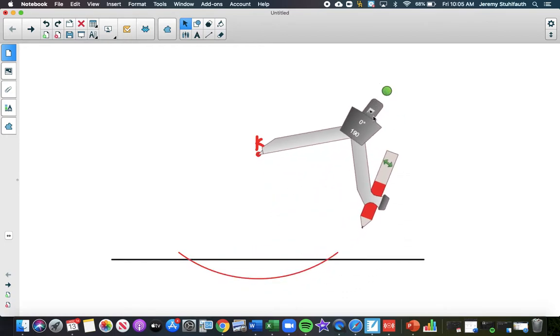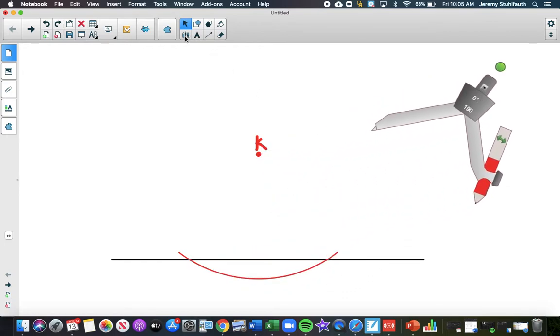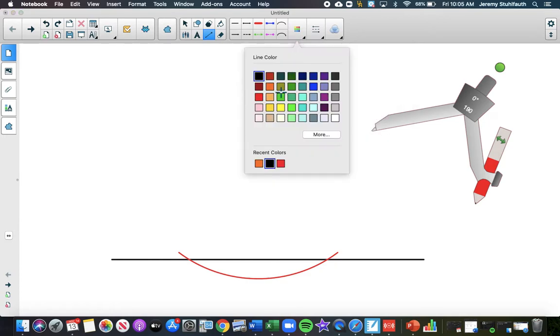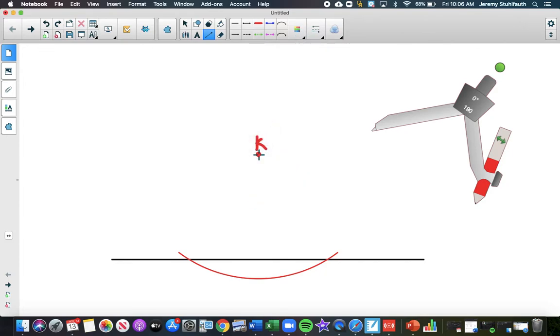So if we take this, we now have a triangle. We will draw this in, and we will make this triangle have blue sides. So our triangle looks like this.